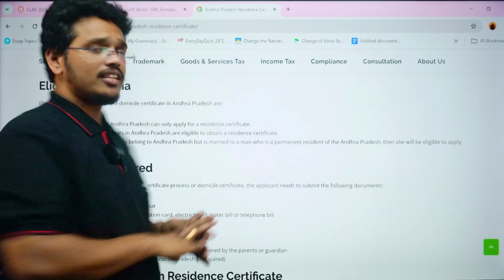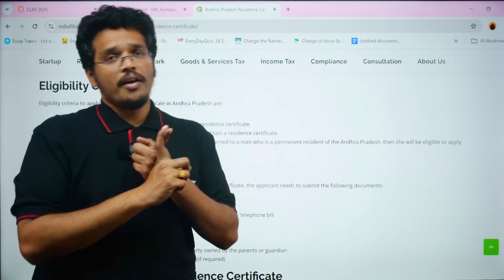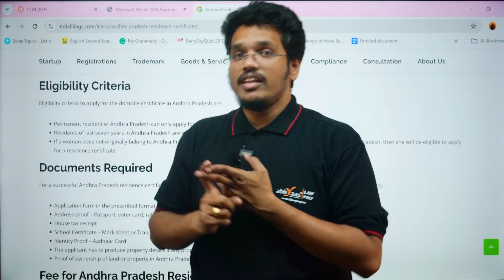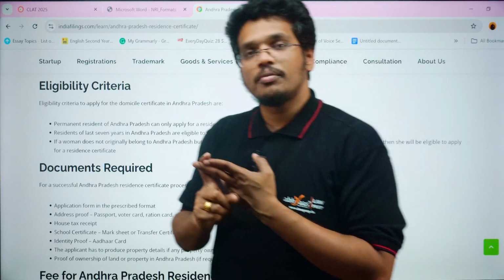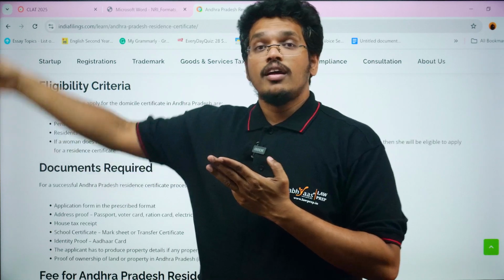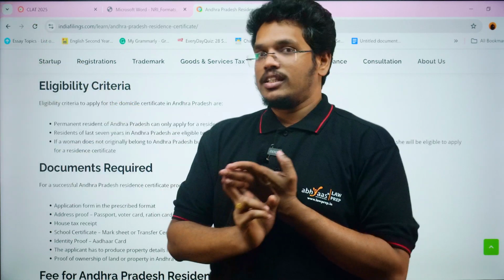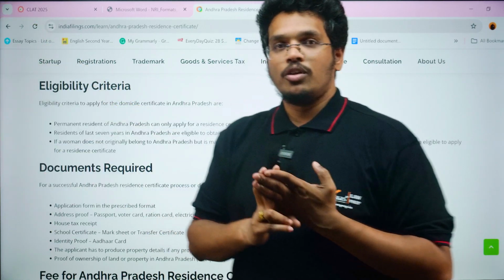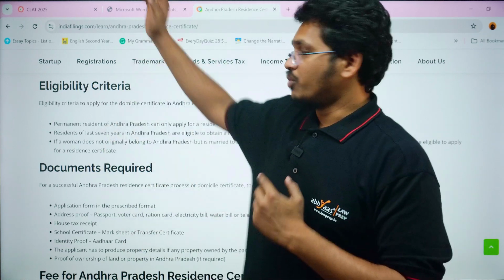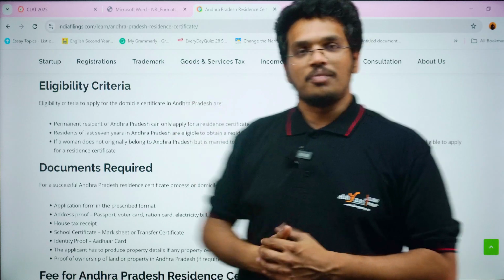So these are the three conditions: either born and brought up in Andhra Pradesh, or for the last 7 years you are continuously staying in Andhra Pradesh, or you are a married woman who got married to a permanent resident of Andhra Pradesh. Then you are also eligible to apply for Andhra Pradesh residentship. So these are the conditions for Telangana as well as Andhra Pradesh.